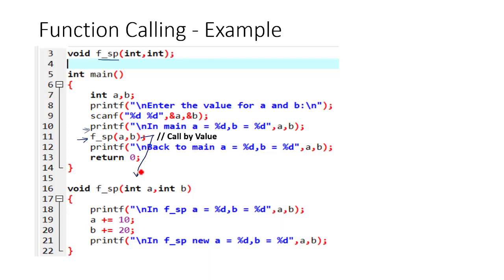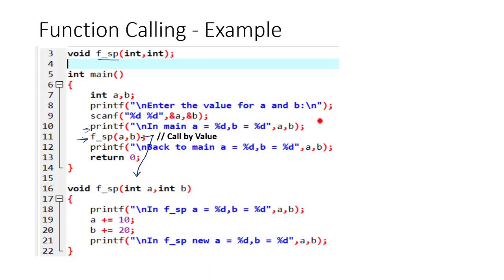You can see that the names of the actual parameter and the formal parameter are the same. It is not that they are the same variables, but their names are the same, right? So when the function call has been made, the context will be switched from this main function to the called function, that is f underscore sp, and the parameters will be copied.